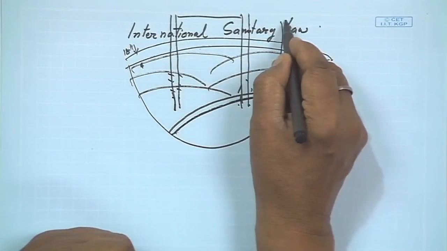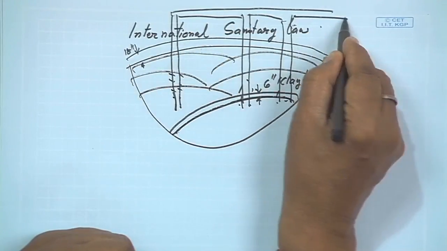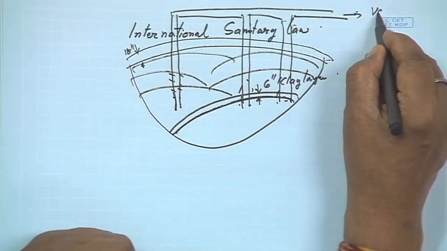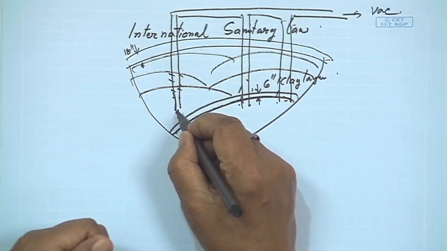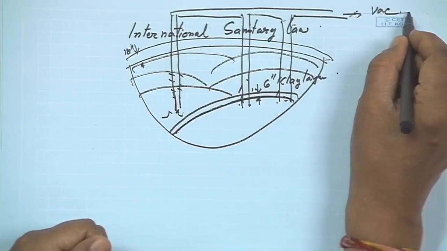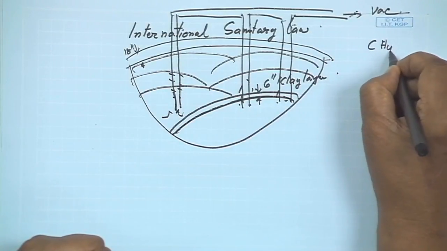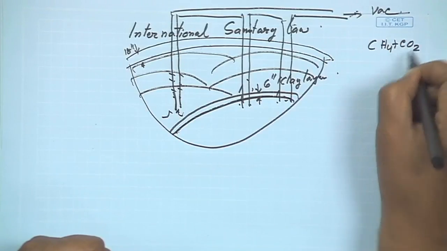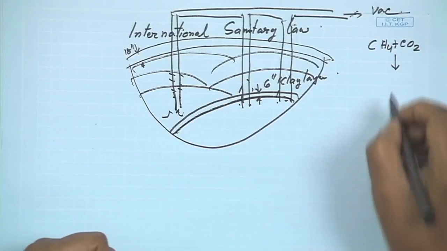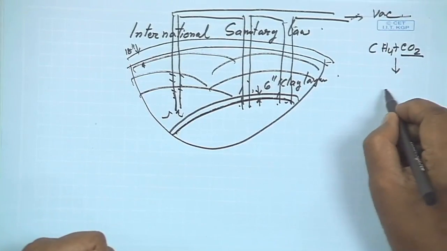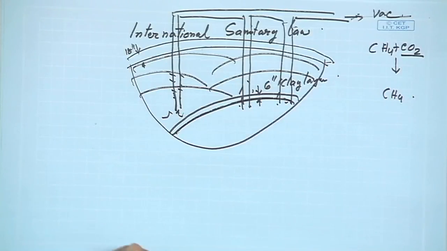If we make a little bit of vacuum in the line, then whatever gas is produced will come here, and this goes like this. And this gas mostly contains methane and carbon dioxide. Then we pass it through a carbon dioxide absorption column. We remove the carbon dioxide and we get pure methane. So this is largely in practice in the Western countries.